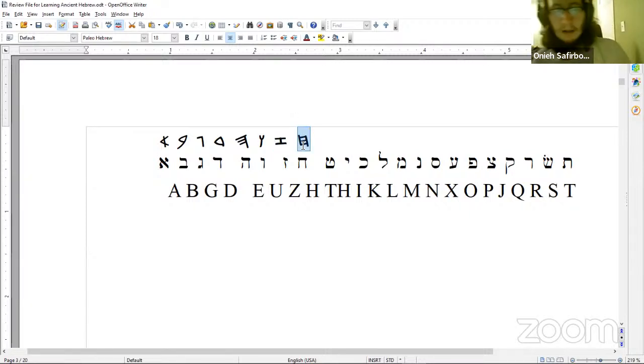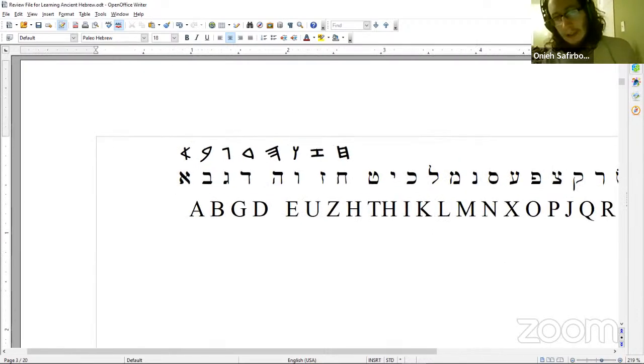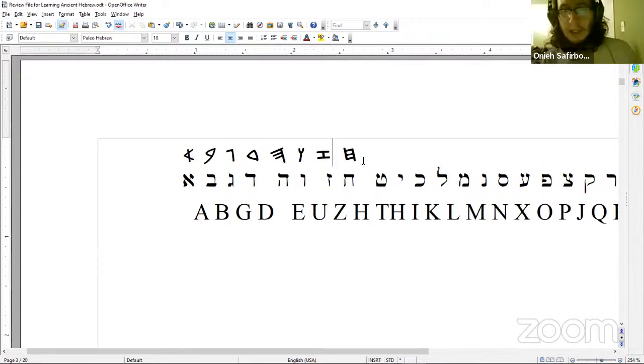Now they look, again, this is in Paleo Hebrew. So they look somewhat similar to the English letters, but while originally the form took this shape, later spellings of this look almost identical to the H of the English letter.